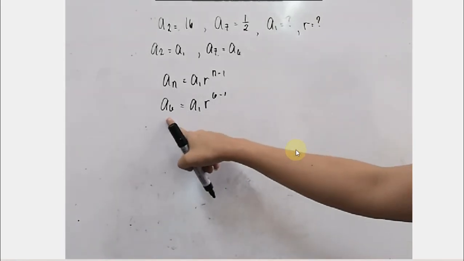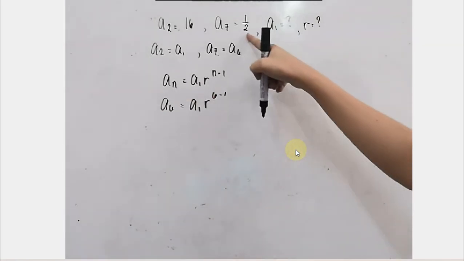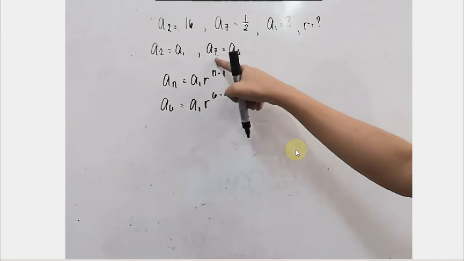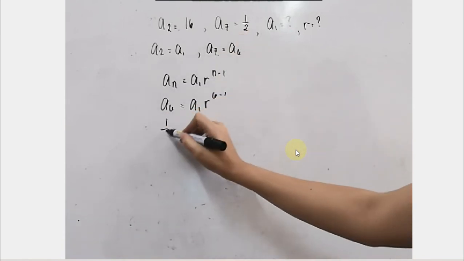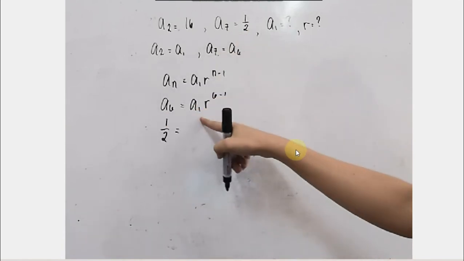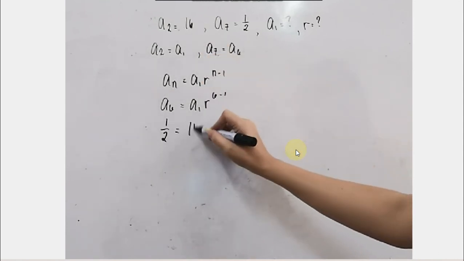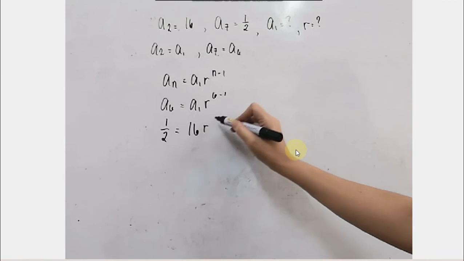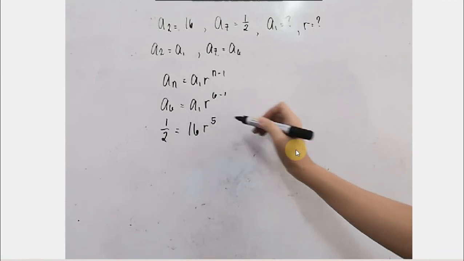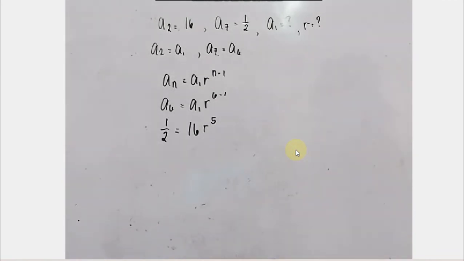So, let us substitute the value of a sub 6. So, our a sub 6, which is a sub 7, that is 1/2. Then, our a sub 1 is 16 times r raised to the power of 5. Okay? I hope you follow.